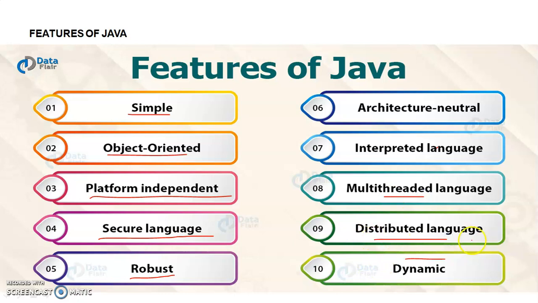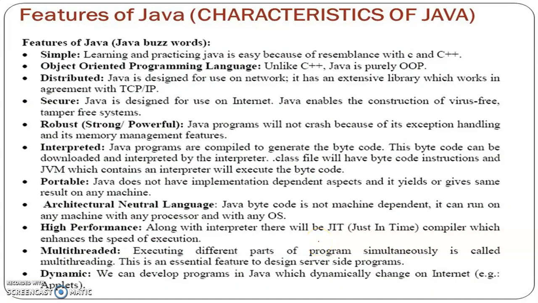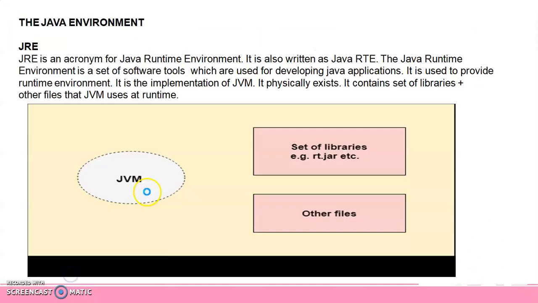Distributed language means based upon the communication of client and server communications. So that's why a feature of Java is distributed language. And finally, dynamic. These are the features of Java, right? So the same thing: simple, object-oriented, distributed, secure, robust, interpreted, portable, architectural neutral, high performance, multi-threaded, and dynamic, right?